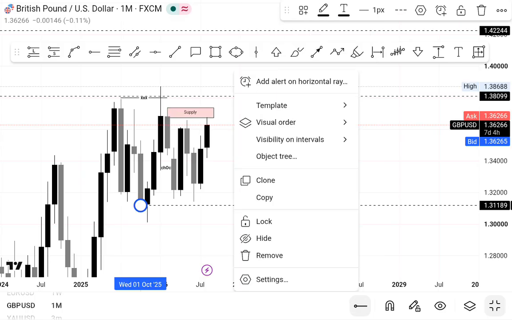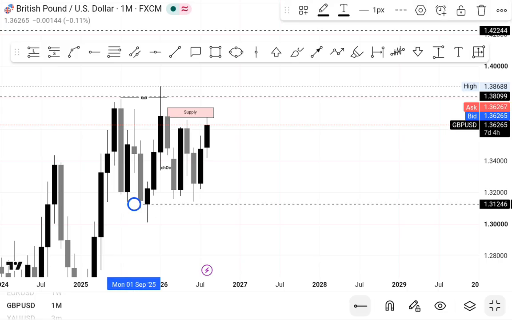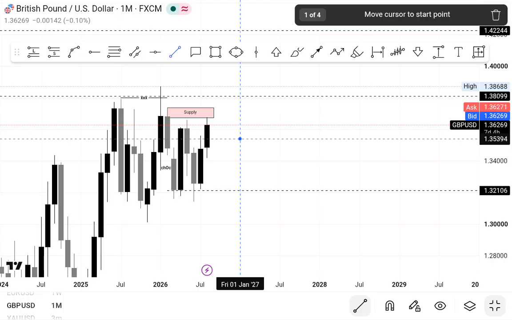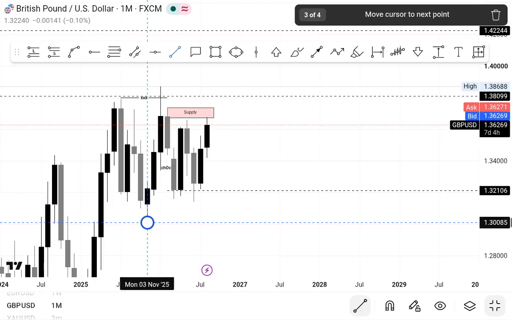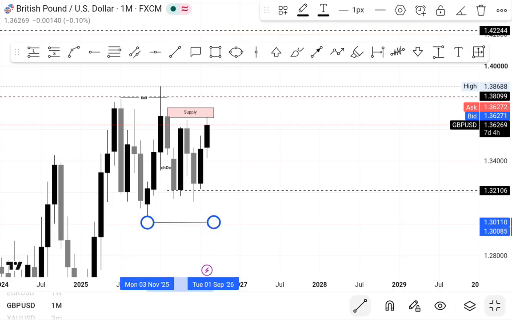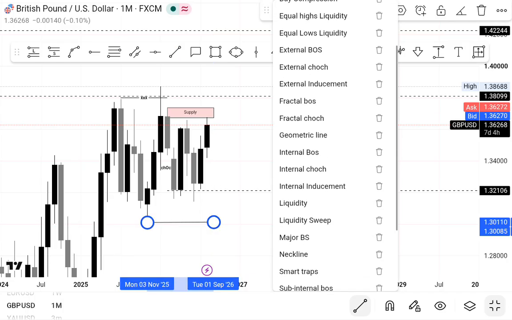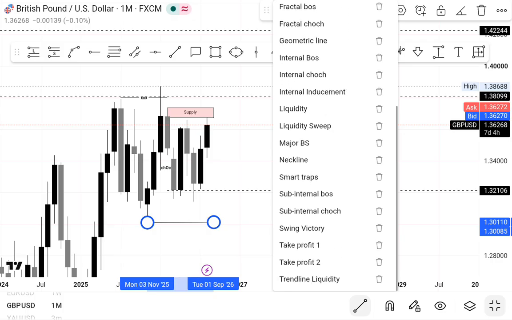So from that supply, I'm looking for price to come and take out this leg. Actually, before you take out that one, they should take out this one, because after that, I'll be looking for a change of character, which is external.